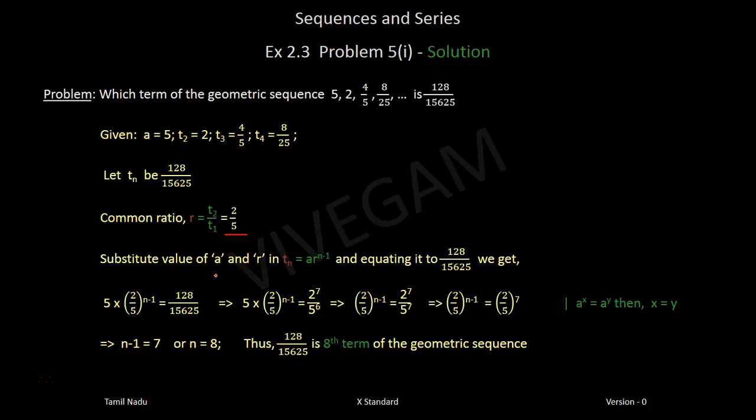Substitute the value of a, which is 5, and r, which is 2/5, in the equation Tn equal to a r to the power of n minus 1, and equate it to 128/15,625. In the place of Tn you are putting 128/15,625. So this equation will become a r to the power of n minus 1, but a is 5 and r is 2/5, so 5 into (2/5) to the power of n minus 1 equal to 128/15,625.